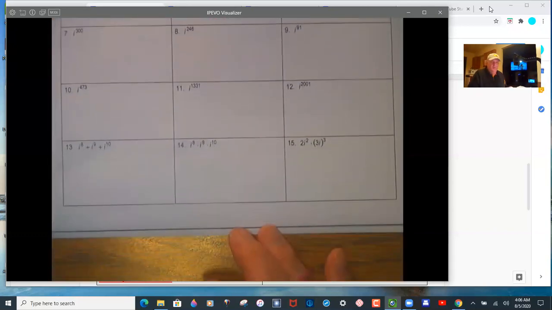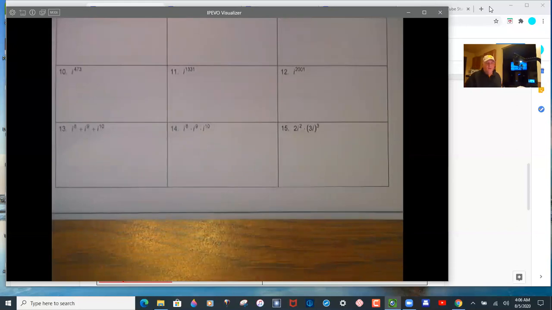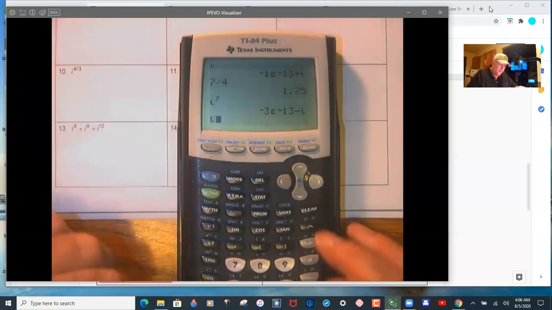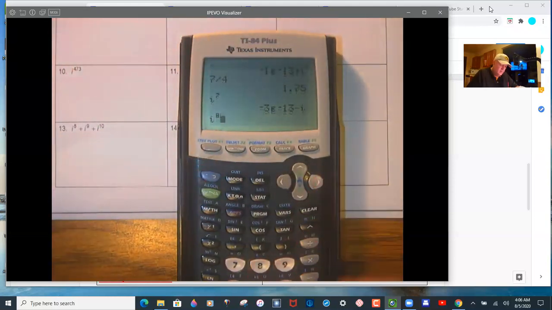On those, you're going to simply divide that power by 4. So i to the 8th plus i to the 9th plus i to the 10th. On these, I wouldn't completely rule out using your calculator, just to get an idea for how to use your i key.